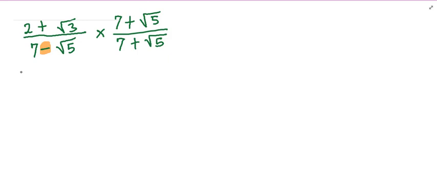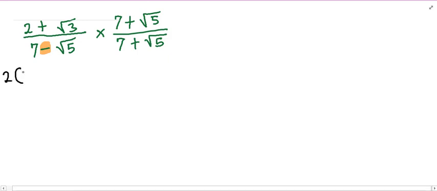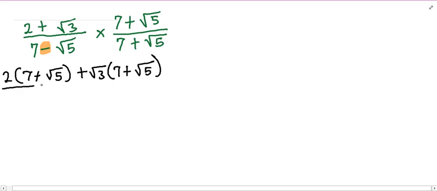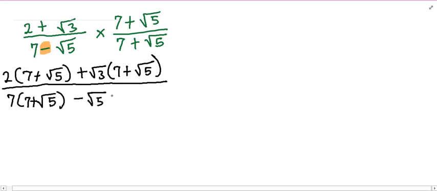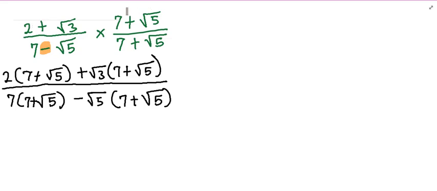So here we'll have 2 bracket 7 plus root 5, then plus root 3 bracket 7 plus root 5, and then here is 7 bracket 7 plus root 5 minus root 5 bracket 7 plus root 5.